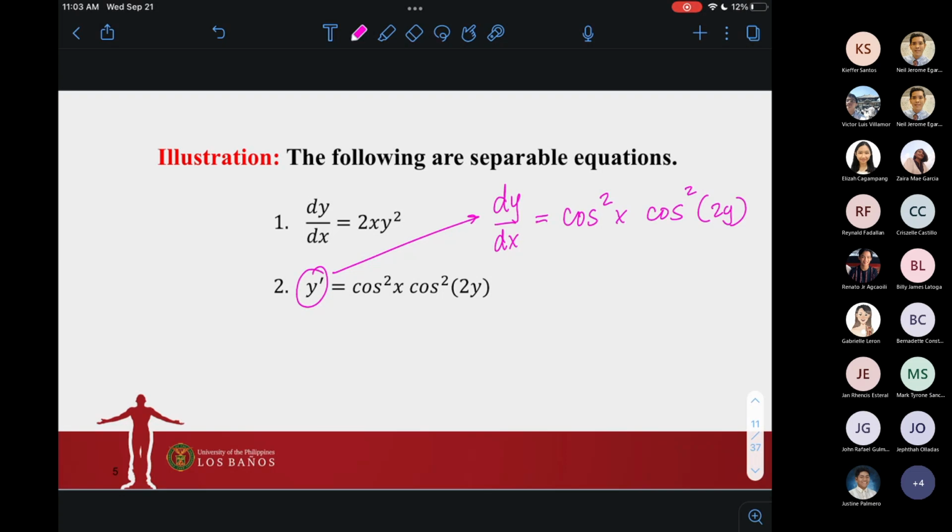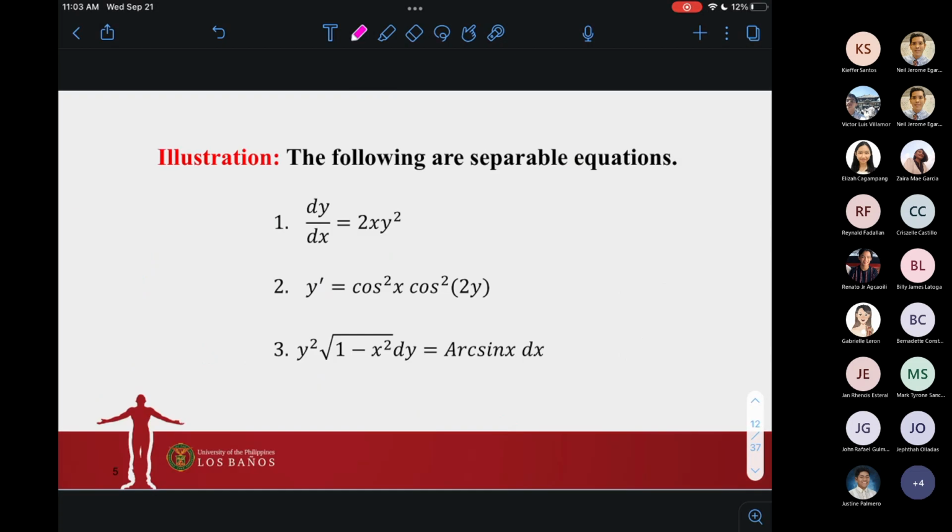And then I can multiply both sides by dx and divide both sides by cosine squared 2y, and we'll get the following. dy over cosine squared 2y equals cosine squared x dx. The variables are separated, so that means equation number 2 is a separable differential equation.